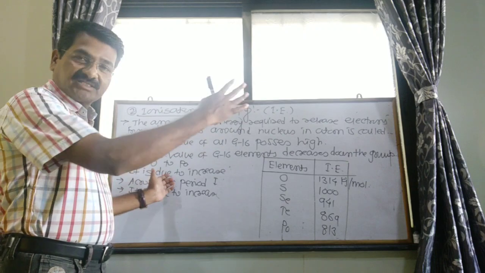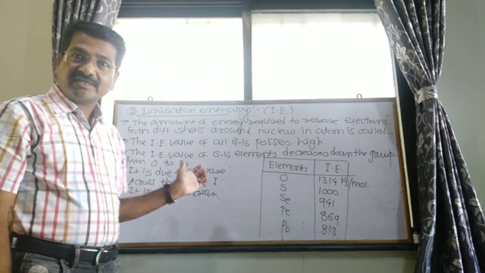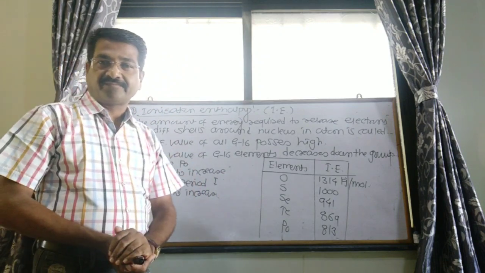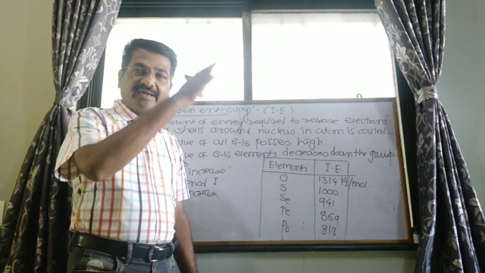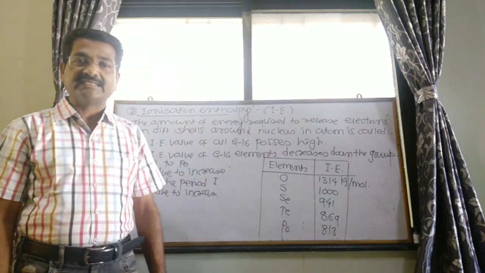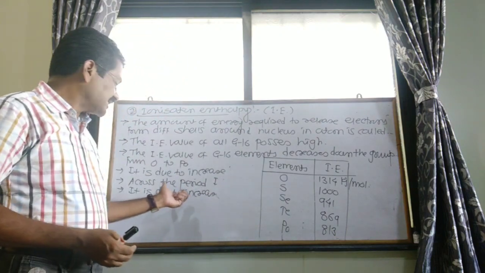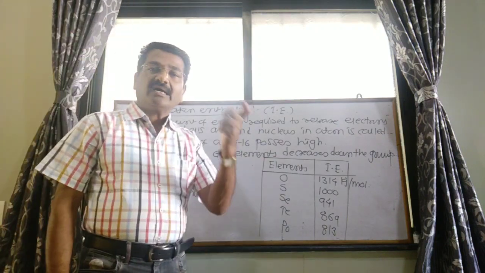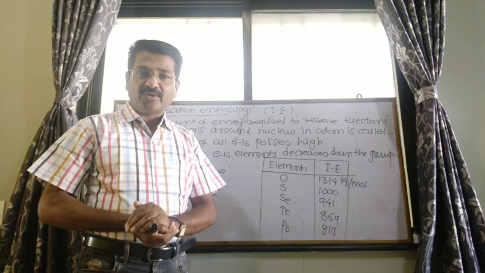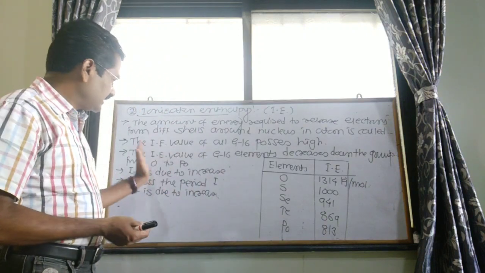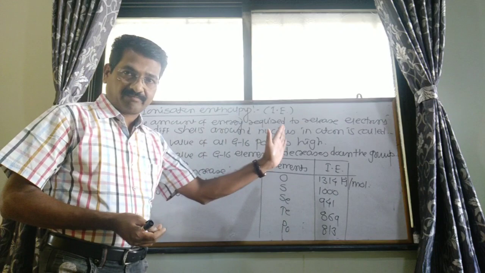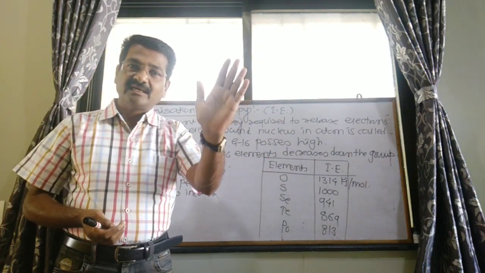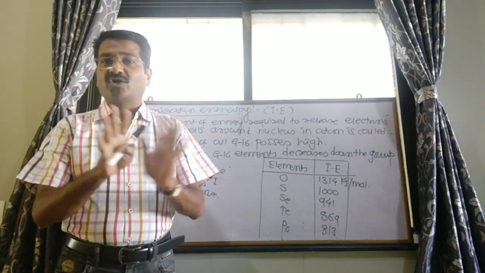But across the period, the ionization enthalpy value increases. It is due to increase in nuclear charge and atomic number. What does this mean? The ionization enthalpy of G16 should be greater than G15, but it is not.